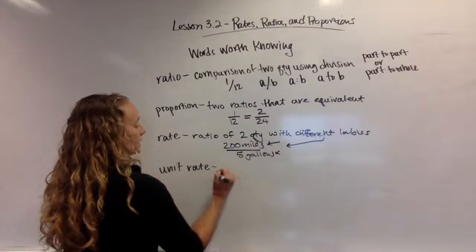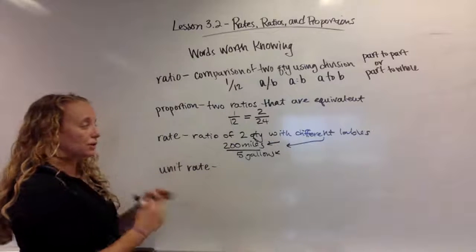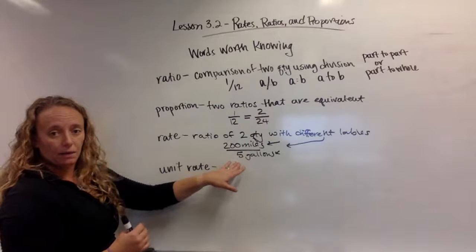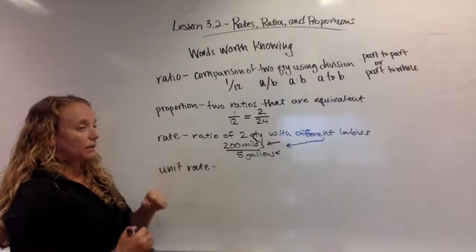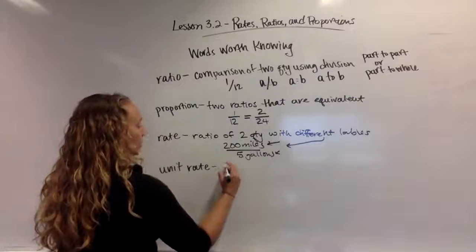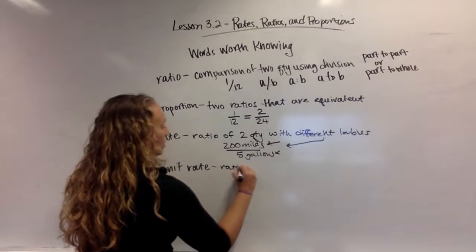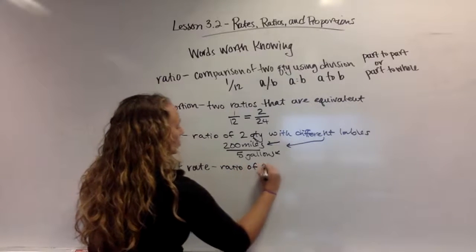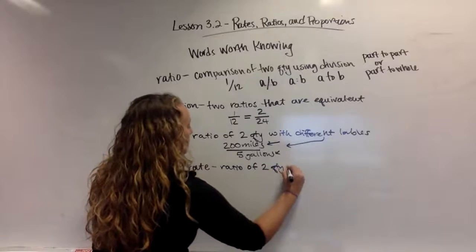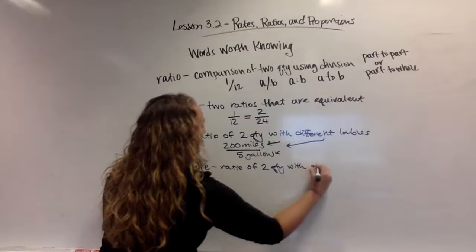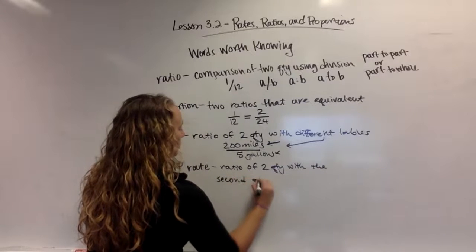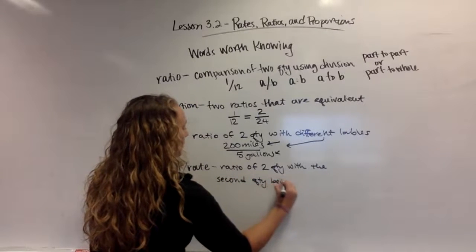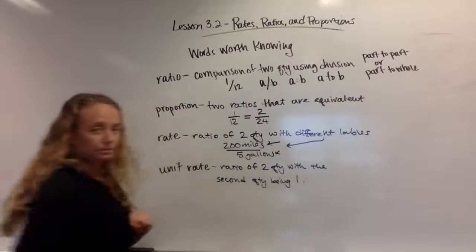So a unit rate is taking a ratio and making sure the second number of that ratio, in the denominator in this case, is 1. A unit rate is a ratio of two quantities with the second quantity being 1.